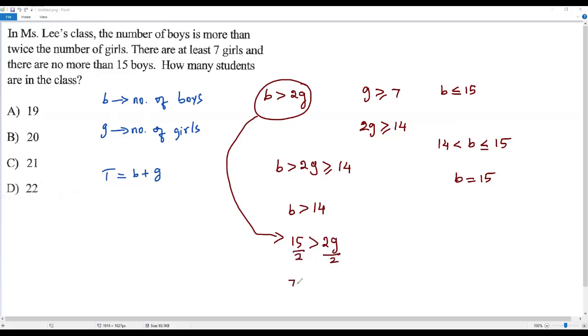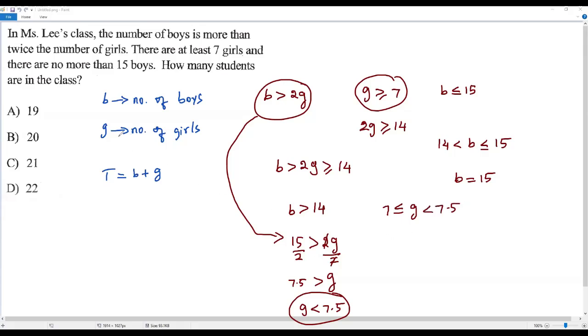I am getting 7.5 on the left side, and on the right side the 2 will cancel, giving G. So we can write this inequality as G less than 7.5. Already we have G greater than or equal to 7. Combining these two inequalities, I get 7 less than or equal to G less than 7.5.